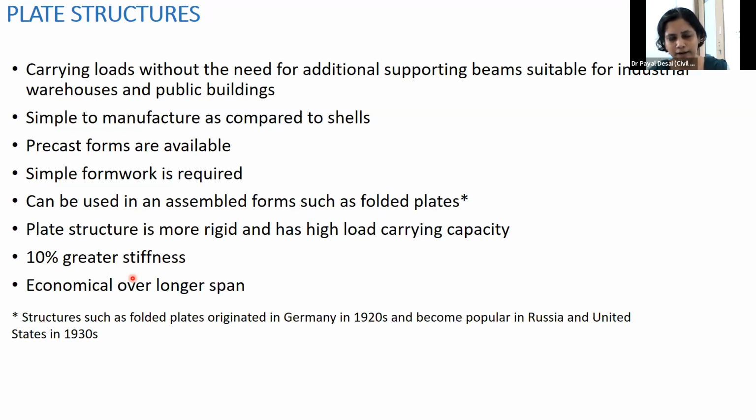These are several advantages. The main thing is the bending mechanism, because of bending and the membrane action of the plate. Because it is very thin, it is stiffer compared to beams, and that is the main reason it produces greater stiffness and the popularity of plate structures.